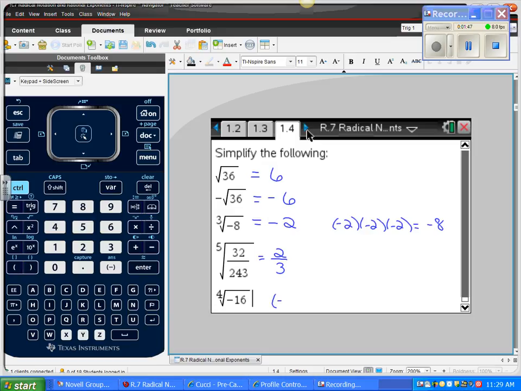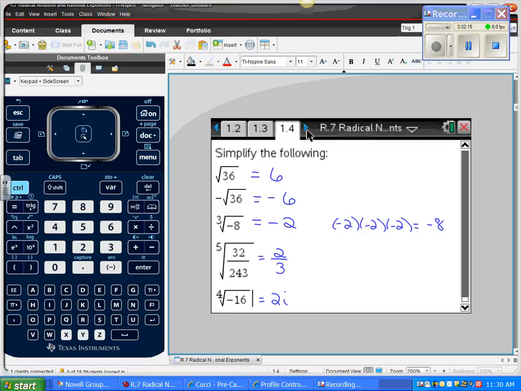No. We want to say 2 because we know the fourth root of 16 is 2, but negative 2 times negative 2 times negative 2 times negative 2 is a positive 16, so that doesn't work for us. So this is no solution. It's non-real. I suppose we could say 2i. We talked a little bit about that last year, and we'll go there a little bit later on.